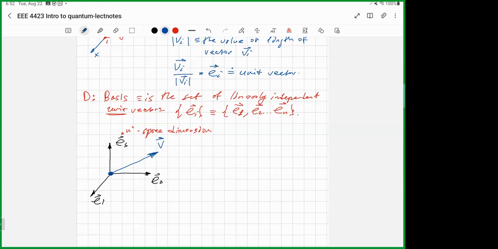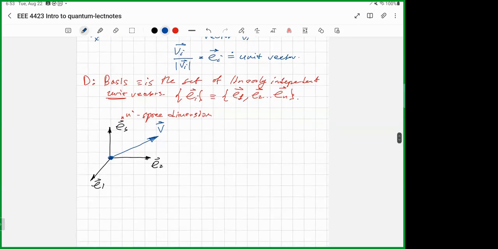And whatever we do with the quantum system is described by the transformation of this vector, its rotation, its change in length, and all these operations can be described by the change in the basis. We will discuss that later, but a very important point is that the basis is not unique. In fact, in any space, there is an infinite number of different bases.